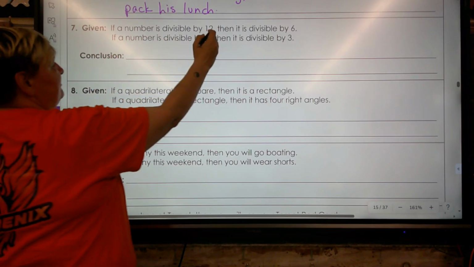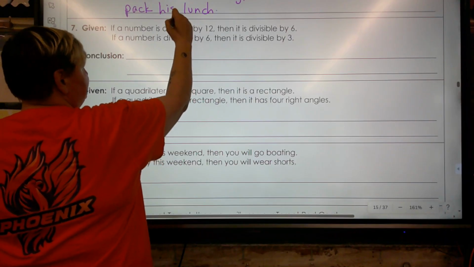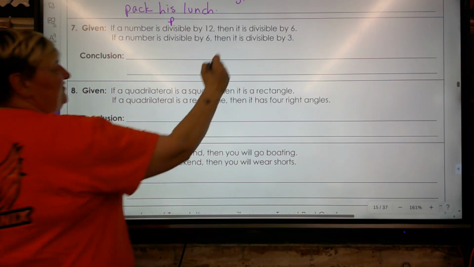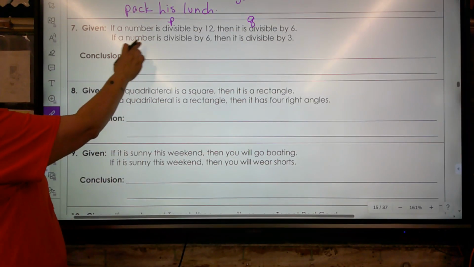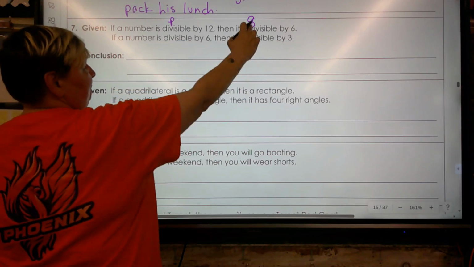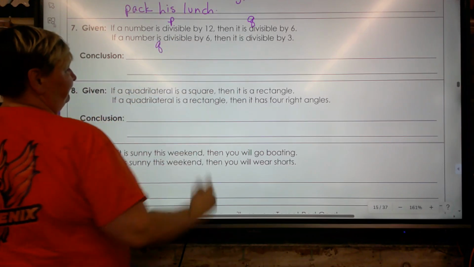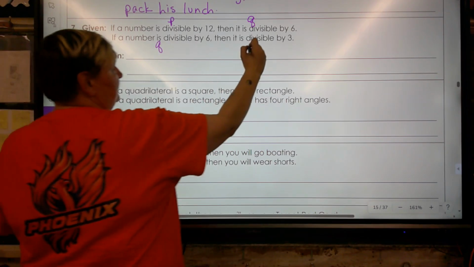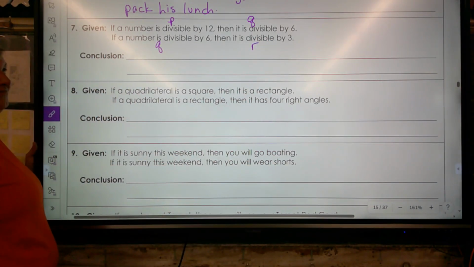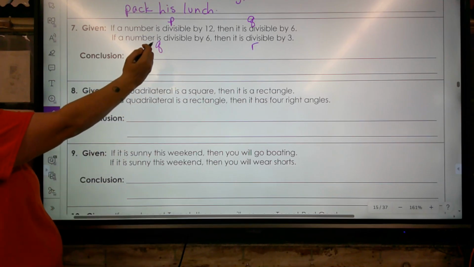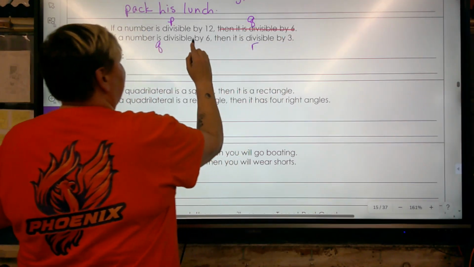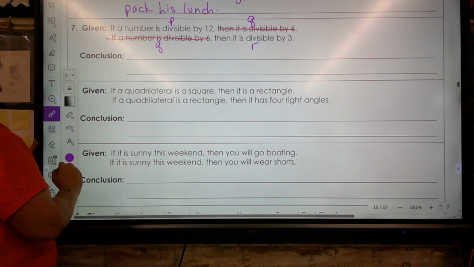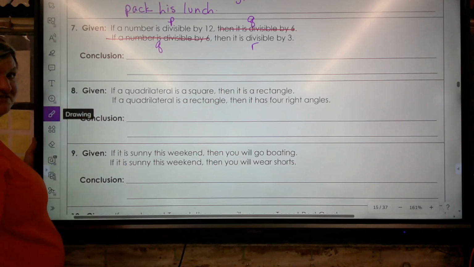If a number is divisible by 12, that's my P, then it is divisible by 6. That's my Q. If a number is divisible by 6, that's a Q, then it is divisible by 3. That's my R. Does my pattern hold? Yes. That means this cancels this. The law of syllogism says you can just cancel it.